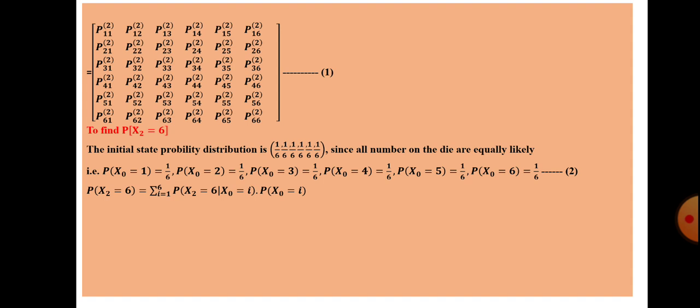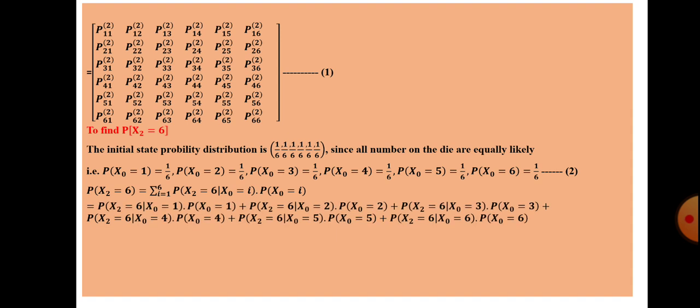Substituting the values of i, you will get P of x2 equal to 6 given x naught equal to 1 into P of x naught equal to 1, etc., and last, P of x2 equal to 6 given x naught equal to 6 into probability of x naught equal to 6.